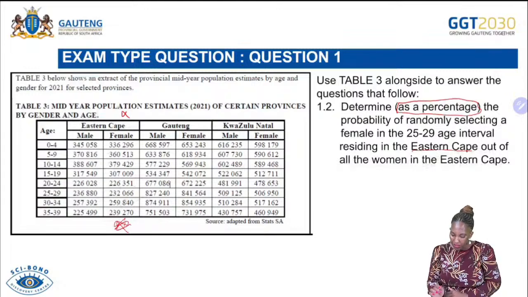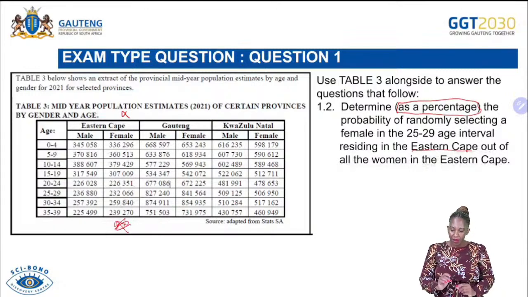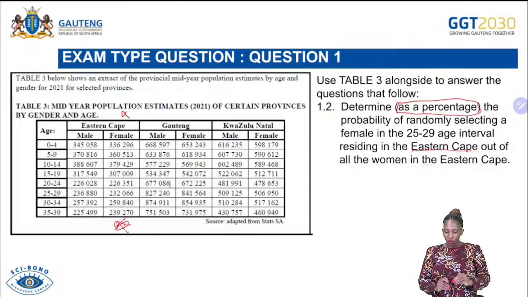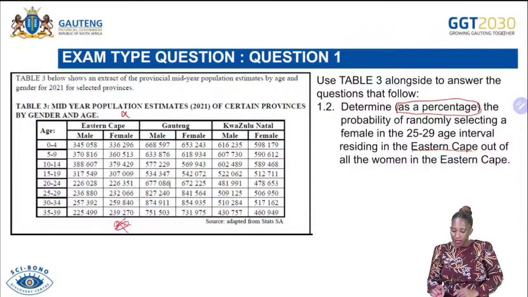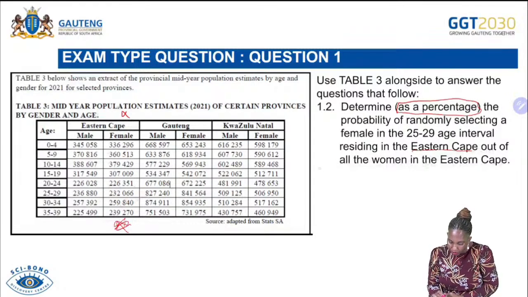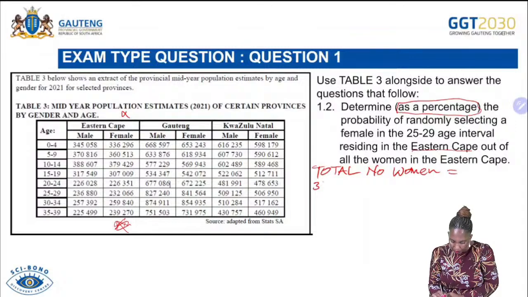Now they want us to determine the probability. And remember, the probability of selecting an age group 25 to 29 is over the total number. So we first have to determine the total number of women in the Eastern Cape. The total number of women will be 336,296.